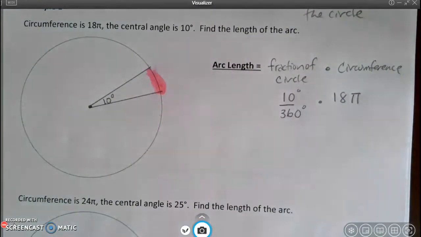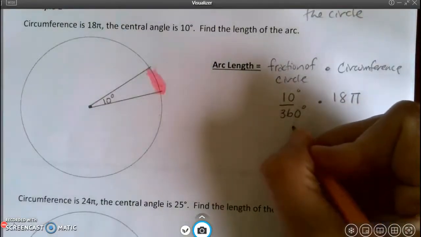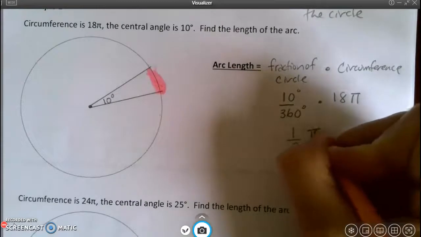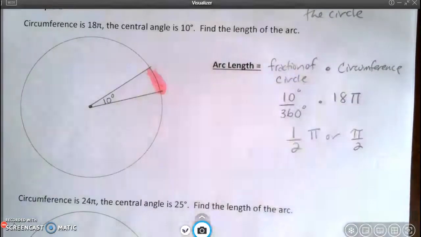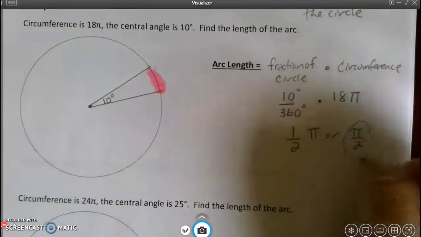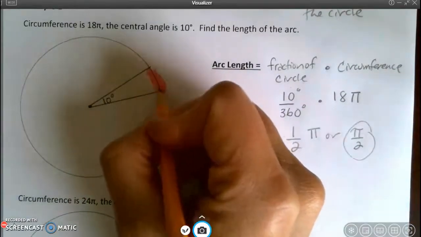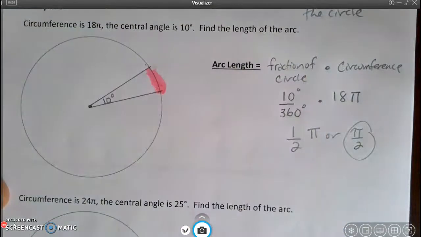I'll just do 10 times 18, and then divide by 360, and I get 1/2 pi, or pi over 2. That is the length of this arc right here is pi over 2.